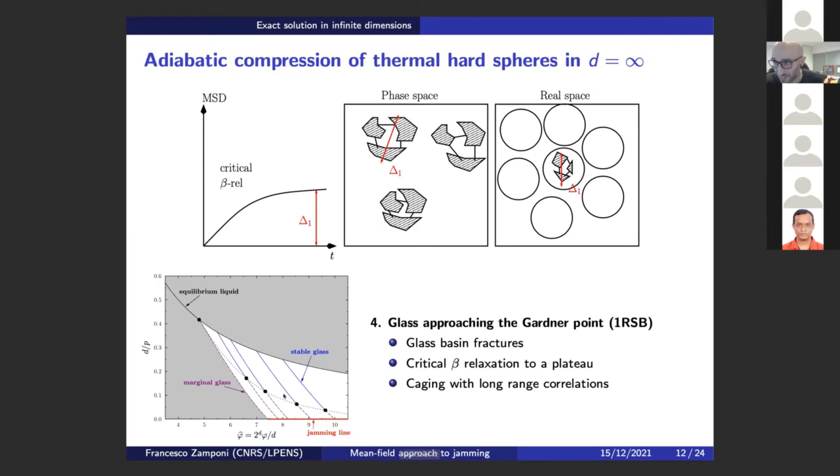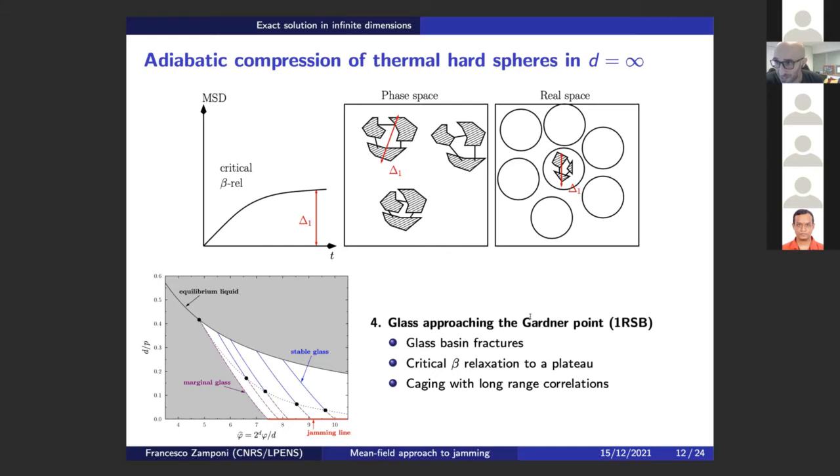So I keep compressing, and now the new thing that we realized while looking at this infinite dimensional solution with the people I mentioned before is that you can have what is called the Gardner transition. This is a transition that was already known in the context of spin glasses, based on a work by Gardner in 1985, but we found it in this model of structural glass, so in hard-sphere glass.